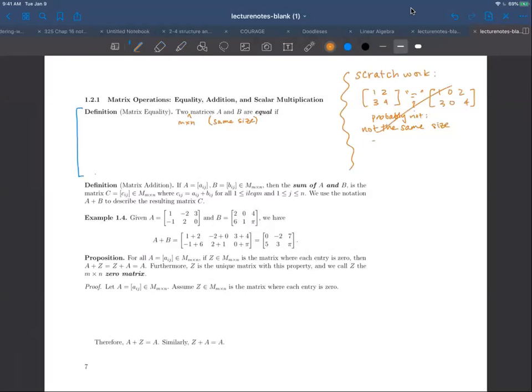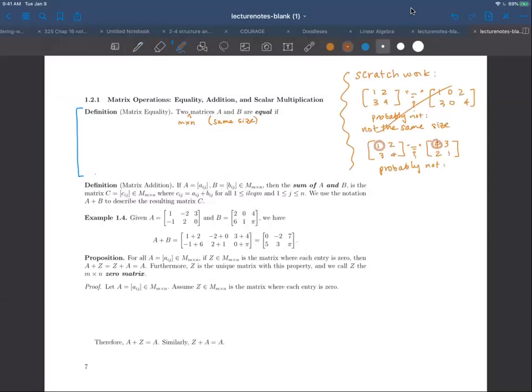What if I write down 1, 2, 3, 4, and 4, 3, 2, 1? These matrices look similar. They've got all the same numbers in them, just rotated around a little bit, but probably I don't want them to be equal. Again, probably not. Because I have this intuition that if these things are going to be equal, it's most useful if this top left entry over here is the same as the top left entry over here.